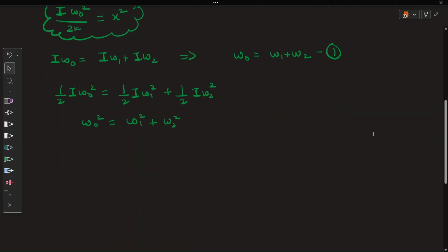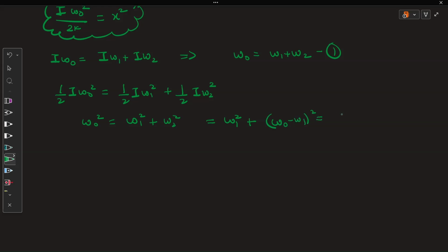Replacing omega 2 with omega naught minus omega 1, we get omega 1 square plus omega naught square plus omega 1 square minus 2 omega 1 omega naught.